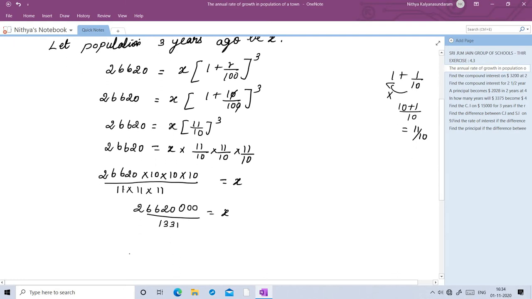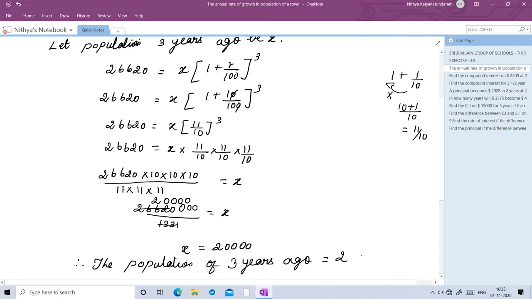Dividing by 1331, 2 times 1331 is 2662, so we get 20,000. So x is equal to 20,000. We considered the population 3 years ago as x, so x value is 20,000. Therefore the population 3 years ago is 20,000.